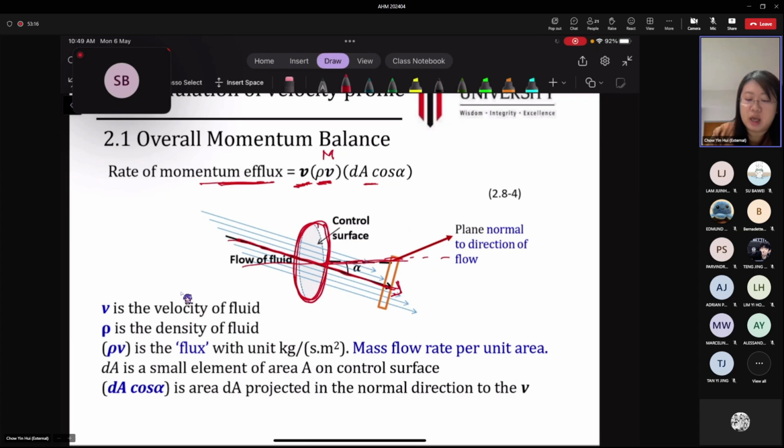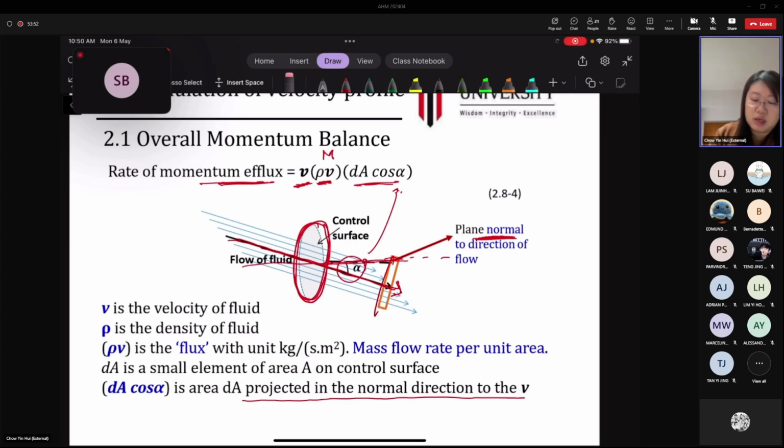This area is expressed in differential terms, the differential of the cross-sectional area on a plane that is normal to the direction of the flow. That's why you can see they take this angle into consideration. This is the differential area projected in the direction normal to the velocity.